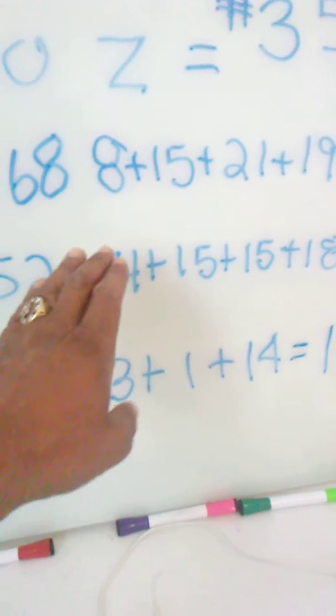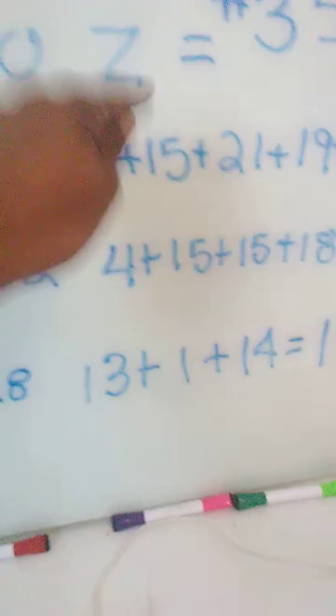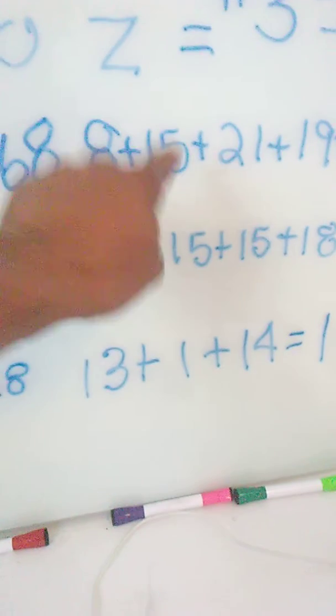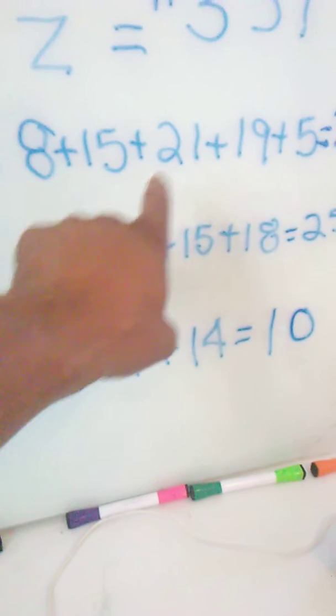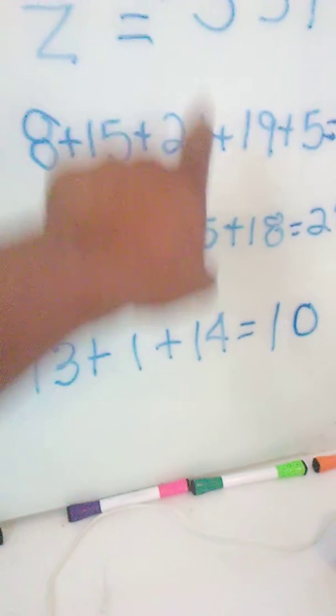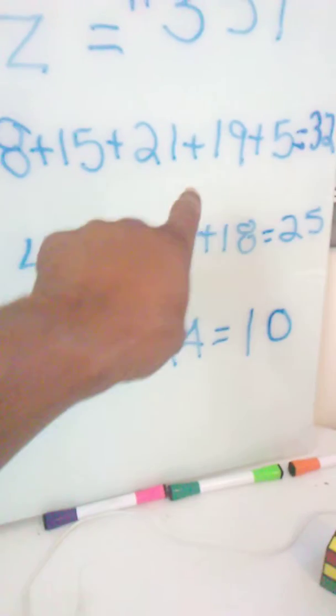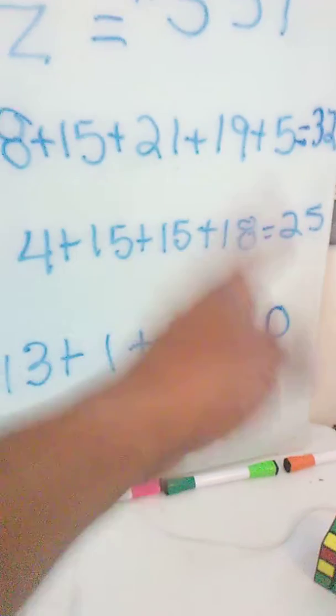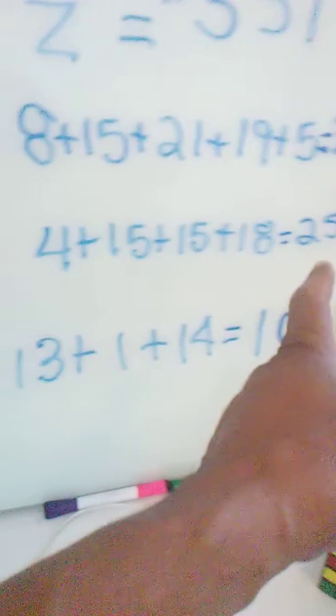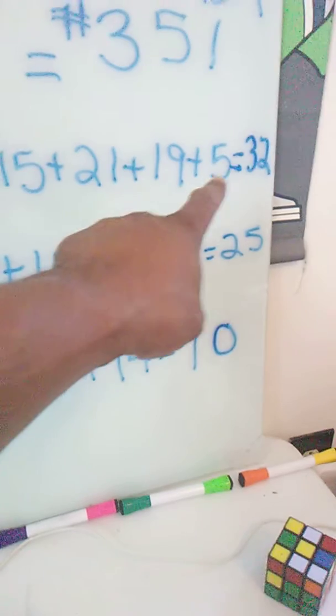Right? So you can't reduce that, right? The 15 will become a 6, right? Because 1 and 5 is 6. The 21 will become a 3 because 2 plus 1 is 3. The 19 will become a 10 because 1 plus 9 is 10, and the E is a single digit. When you add that up, reduced, it brings you to the total of 32, right?